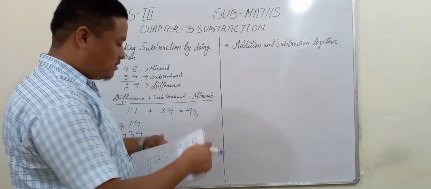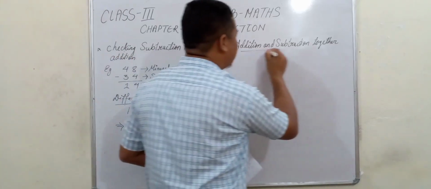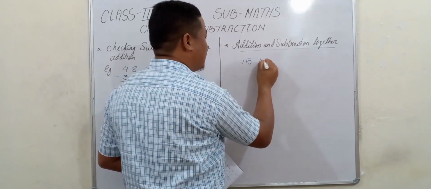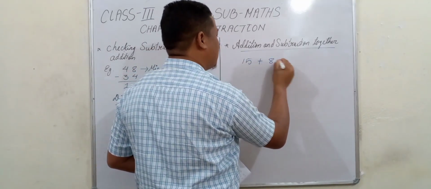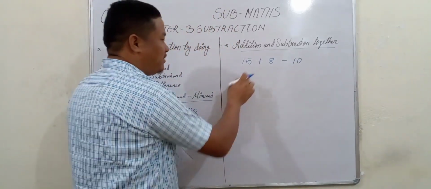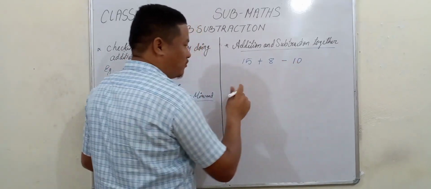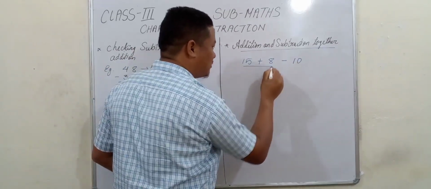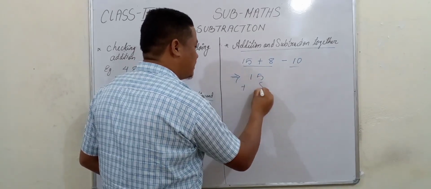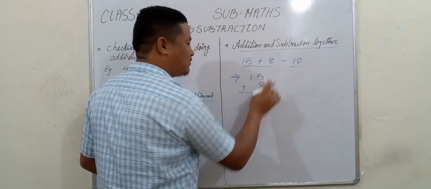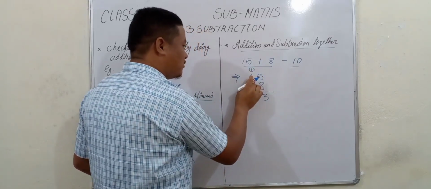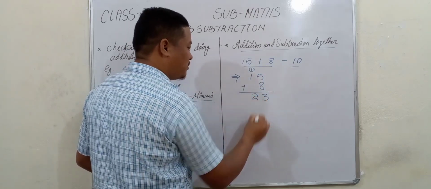So, okay children, now addition and subtraction together. Suppose 15 plus 8 minus 10. First, we'll add these two numbers. 15 plus 8. 8 plus 5 is 13. 3, 1 remainder. 1 plus 1, 2. 23.